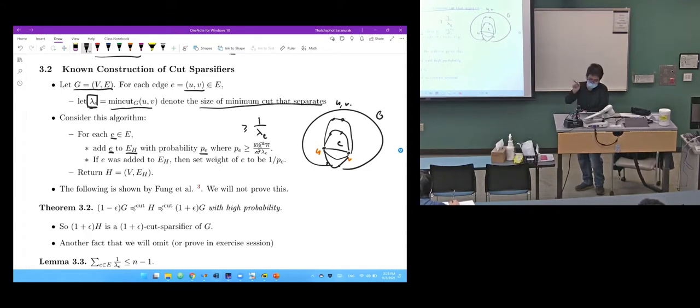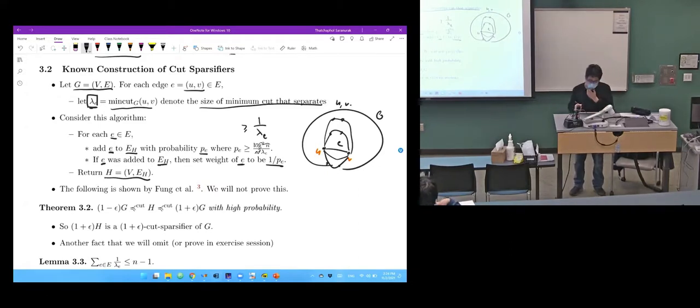Each edge you add with probability at least 1 over lambda of that edge. If you add this edge into the graph H, then you set the weight of e to be 1 over p_e. Like if the probability is half, and you do add it, then you scale up the weight by a factor of 2. And you return the graph H.